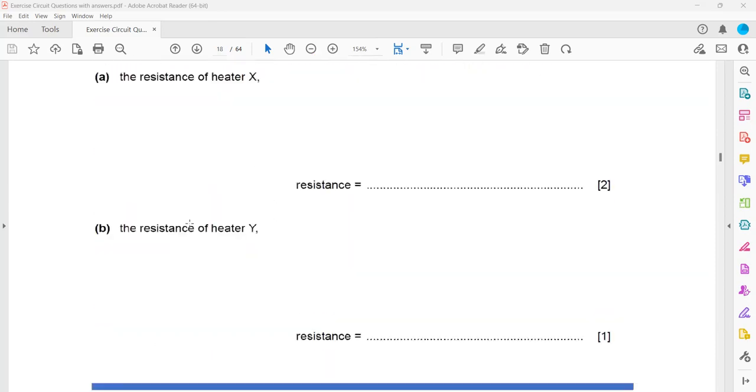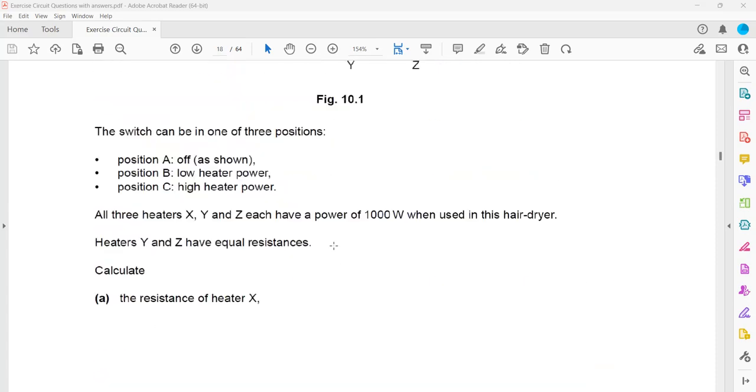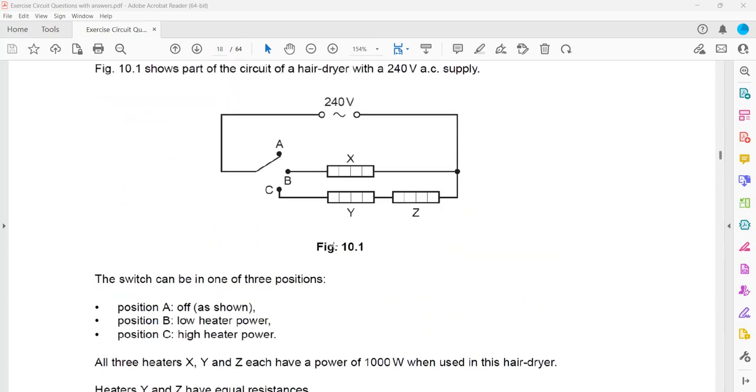Then we have to calculate the resistance of heater Y. How can we calculate it? Voltage divided by current. But first we have to find the current.